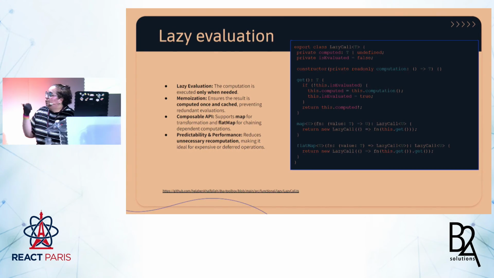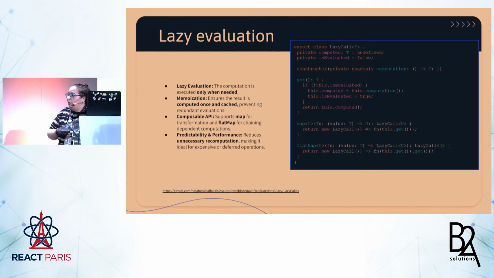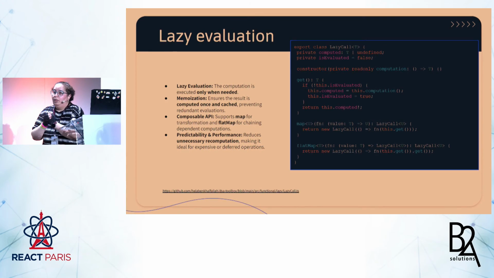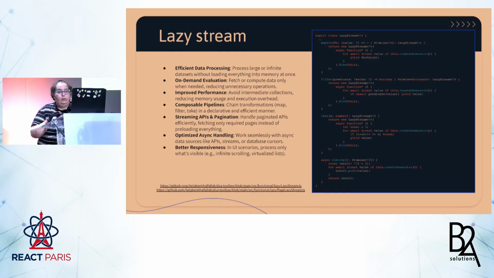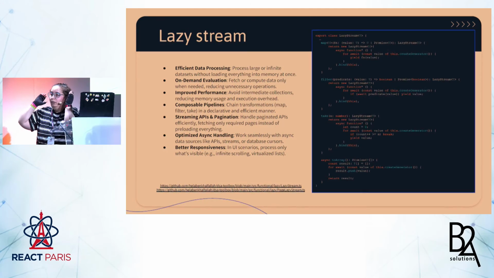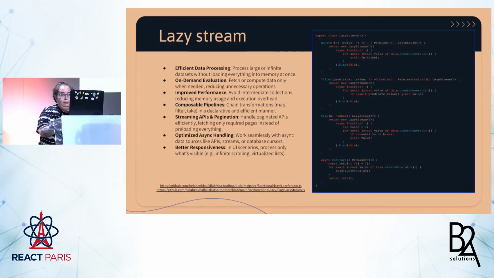Then I can also make lazy evaluation. Lazy evaluation is interesting when I want to handle stuff at the need. I can make lazy stream instead of having an array that handles all data.